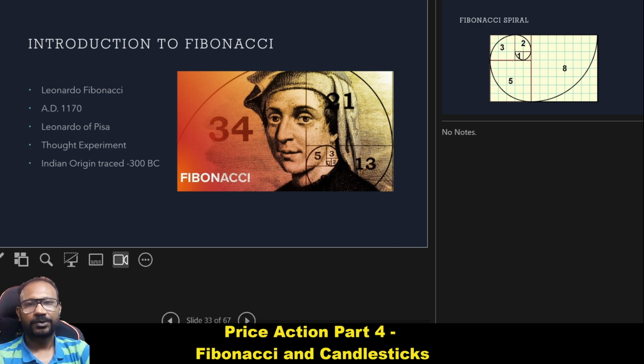There is mention of Fibonacci series, but not by the name of Fibonacci, of course. So the traces go back to 300 BC, right? So it is so ancient and so useful in many different forms of life, which we are going to see in the next slide.